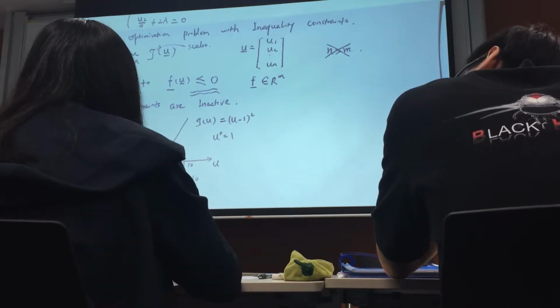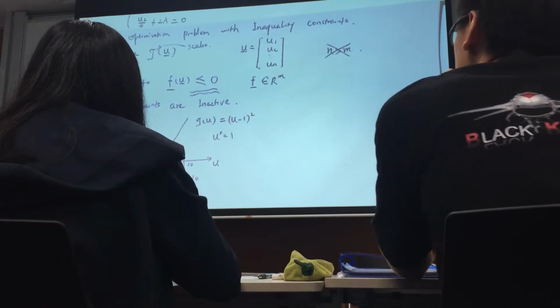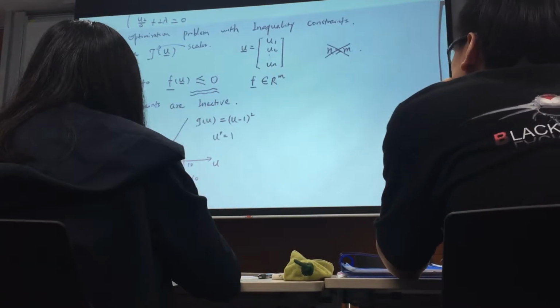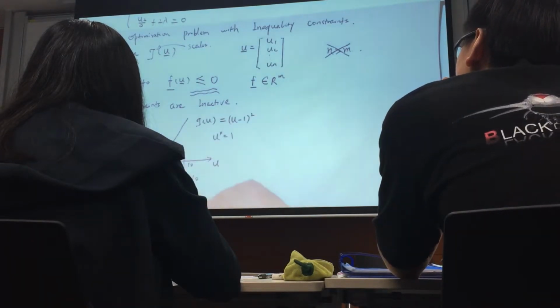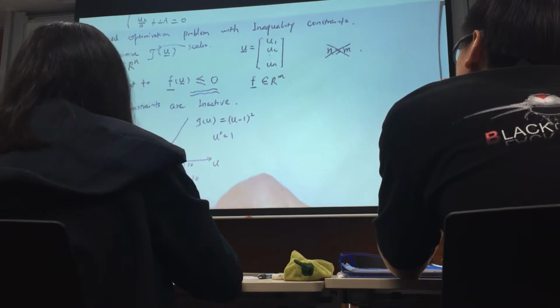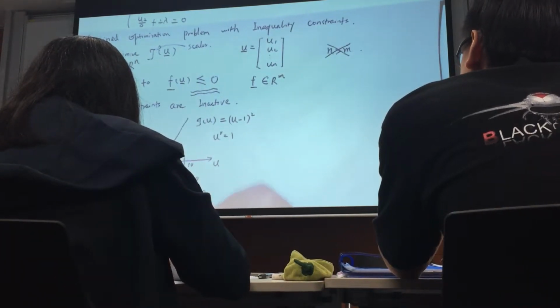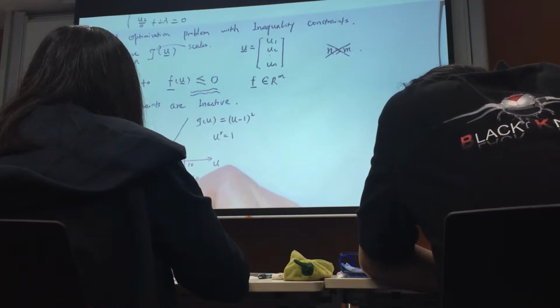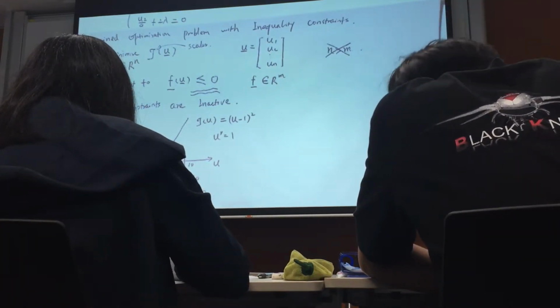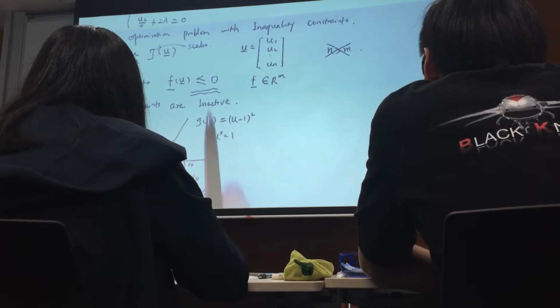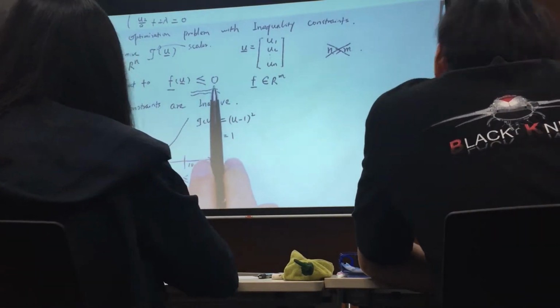So if we define a function like this, we can easily convert the function into this form. So we can convert this into u minus 10 is smaller than or equal to 0. So we can define this to be f. So this will be the standard form, exactly like this.